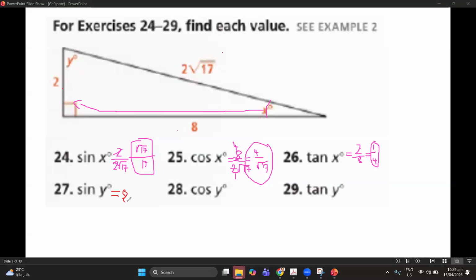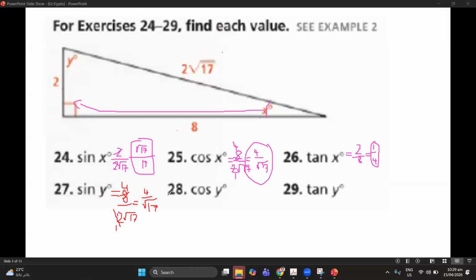Over 2 square root of 17. Now we can simplify it more here. Divide by 2, it's 1. Divide by 2, it's 4. So it's 4 over square root of 17.